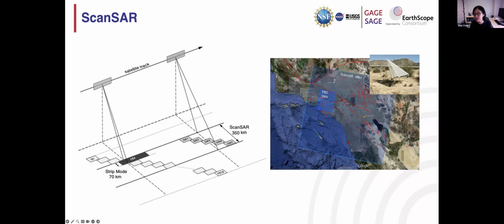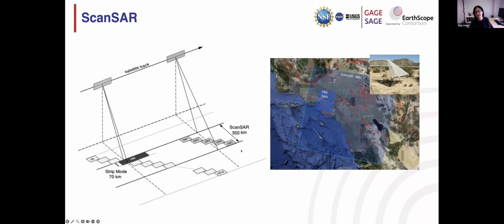The larger square shows the ScanSAR mode over the same area, and you can see it's roughly 5 times larger in terms of width. This is usually desired because sometimes a really large earthquake spans a very big area, and if you have those smaller Stripmap images, you will have to stitch them in post-processing, which can be very tricky for calibration purposes.